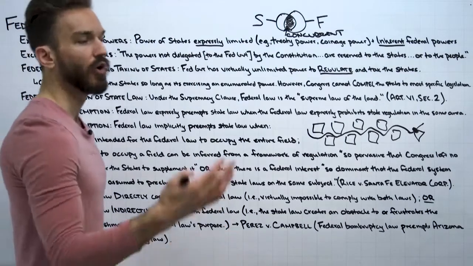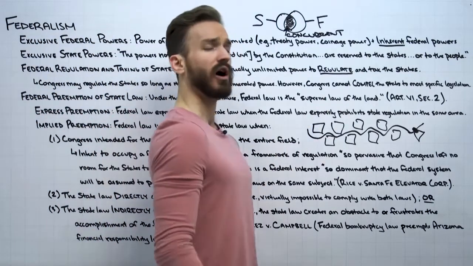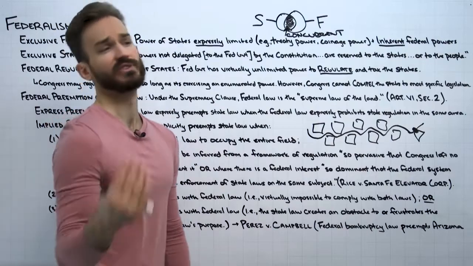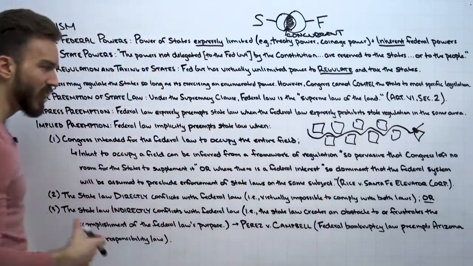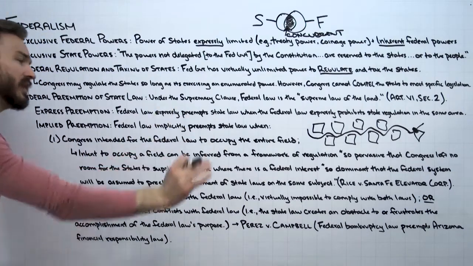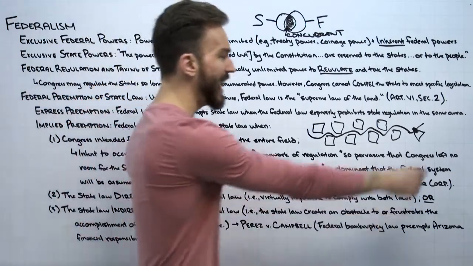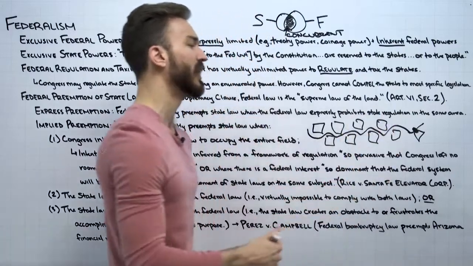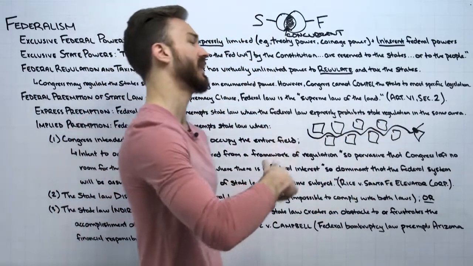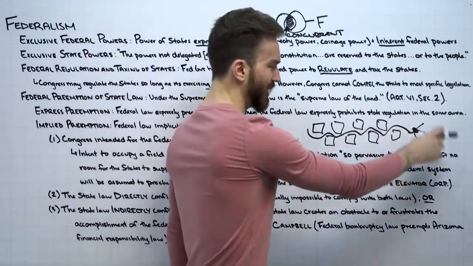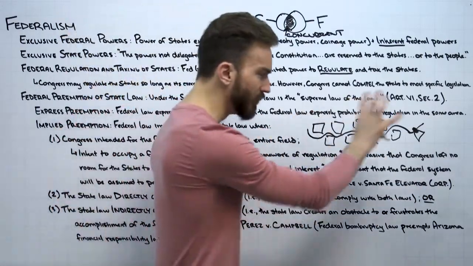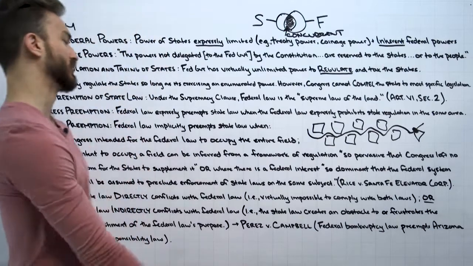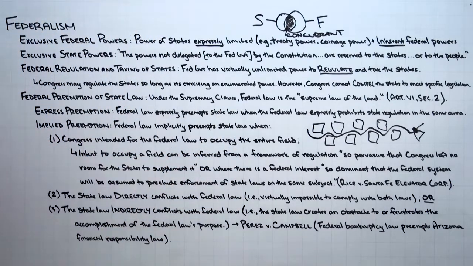If you don't have your identification on you, you have to pay the state of California $100. Well, that California state law would be preempted by federal law, because this field of immigration and carrying a form of identification is already fully regulated by Congress. There's no room for the states to supplement it.